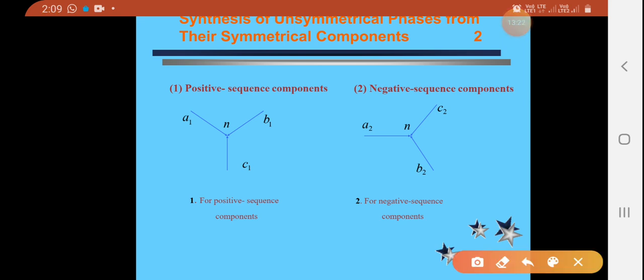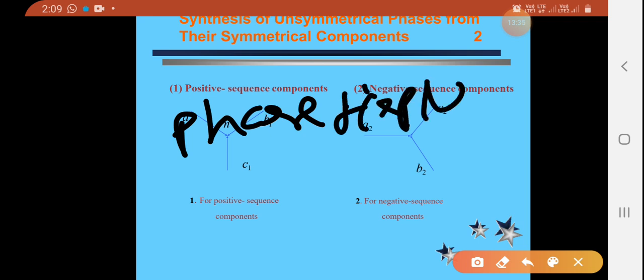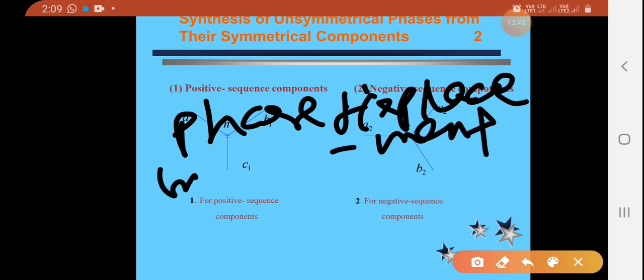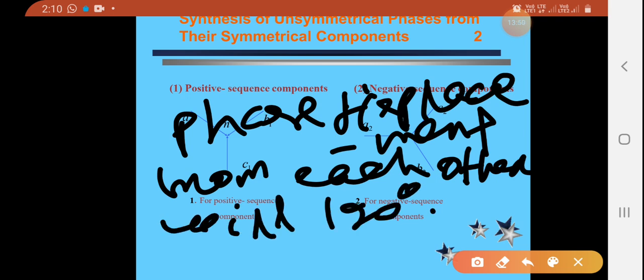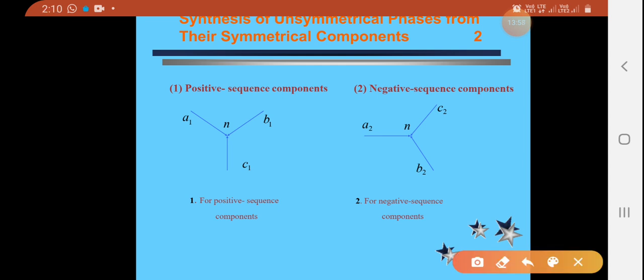And obviously the phase displacement from each other will be 120 degrees, but the phase sequence is opposite to the original sequence.